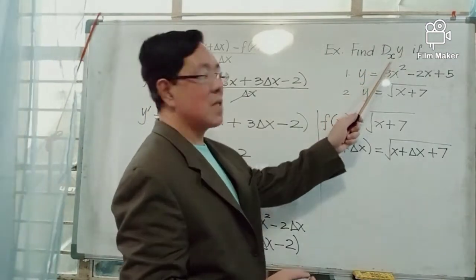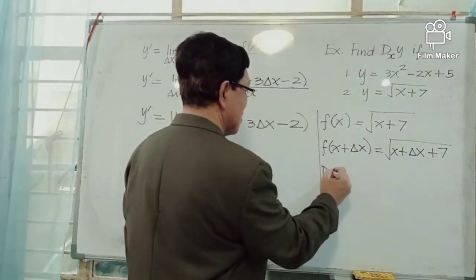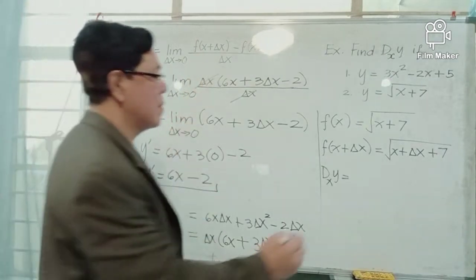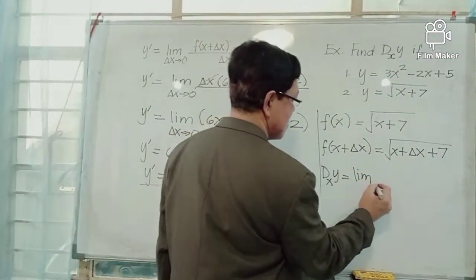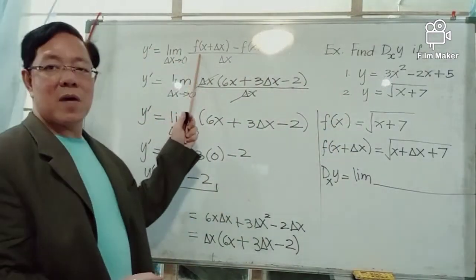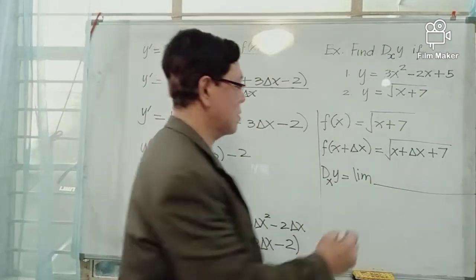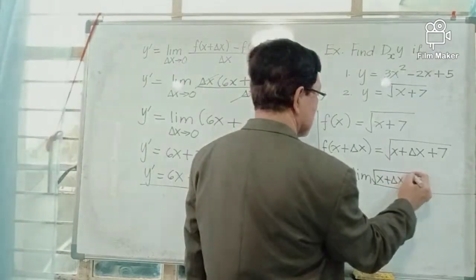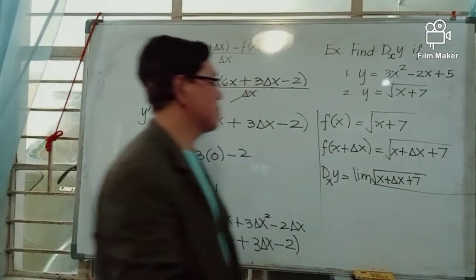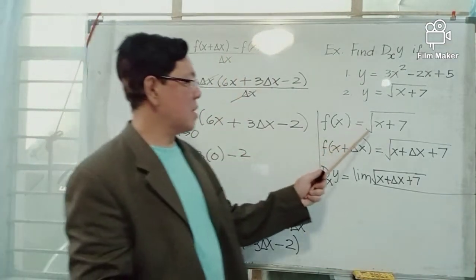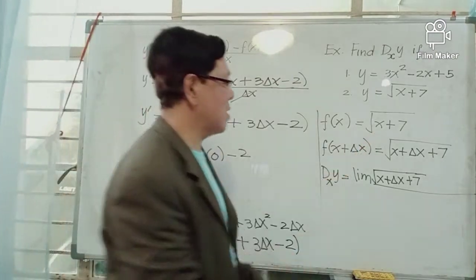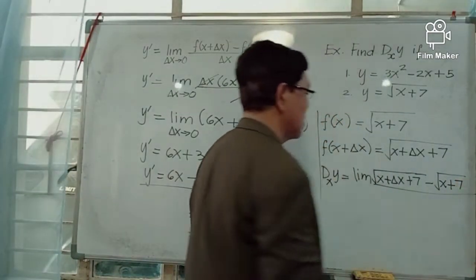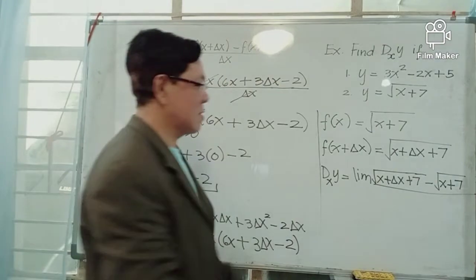The derivative of y with respect to x is equal to the limit of f of x plus delta x, which is equal to the square root of x plus delta x plus 7, minus f of x, equals the square root of x plus 7, minus the square root of x plus 7, all over delta x.